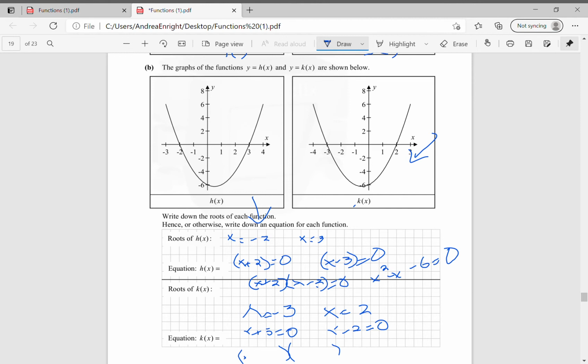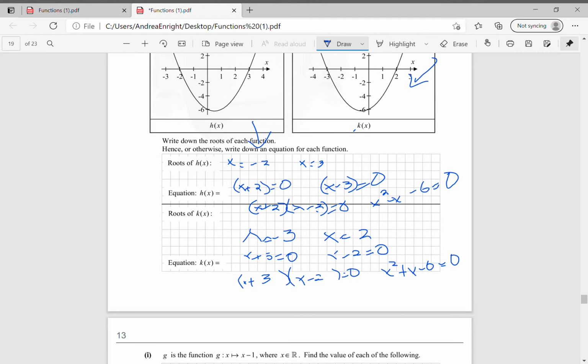So that's x plus 3 and x minus 2 equals 0. When you multiply that out and tidy it up, it'll be x squared plus x minus 6 equals 0. You don't need to multiply them out. You'd get full marks for just having this line here.